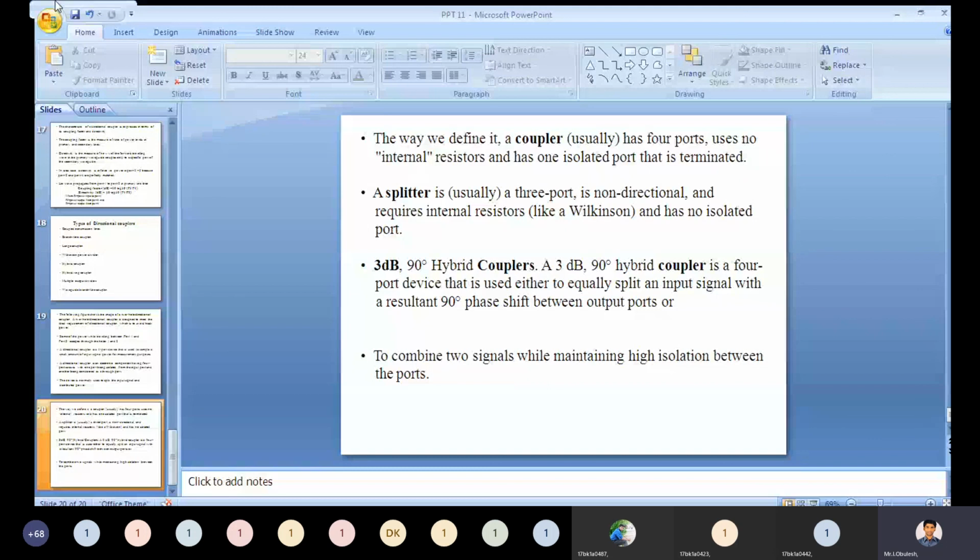Then there are the 3 dB, 90 degree hybrid couplers. A 3 dB, 90 degree hybrid coupler is a four-port device that is used either to equally split an input signal with a resultant 90 degree phase shift between output ports, or to combine two signals while maintaining high isolation between the ports. So these are today's topics.